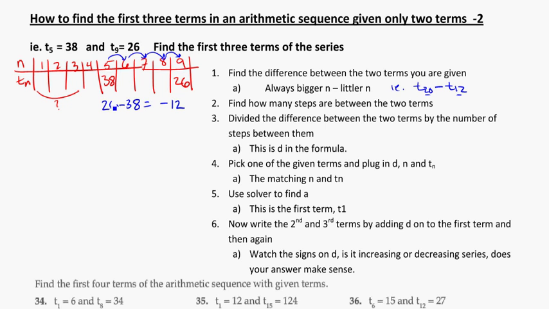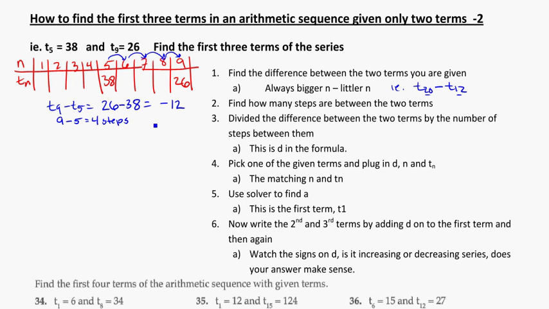I can also notice that that's 9 and 5. This was T9 minus T5. Another way to look at that is 9 minus 5 using the n values gives me 4, a step difference of 4. So I need to take 4 steps between the two. 1, 2, 3, 4. I can get that counting, or by subtracting 5 from 9. So 4 steps.